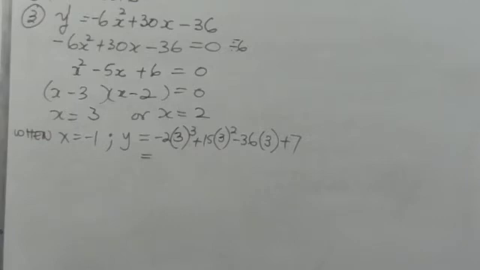Minus 2 times 3 cubed plus 15 times 3 squared minus 36 times 3 plus 7 is equal to negative 20.